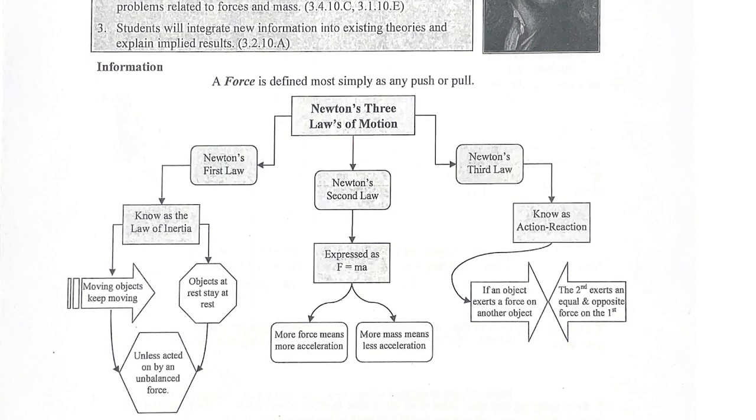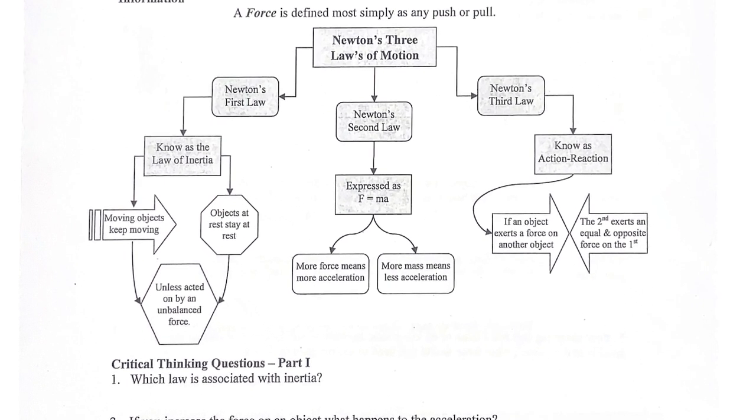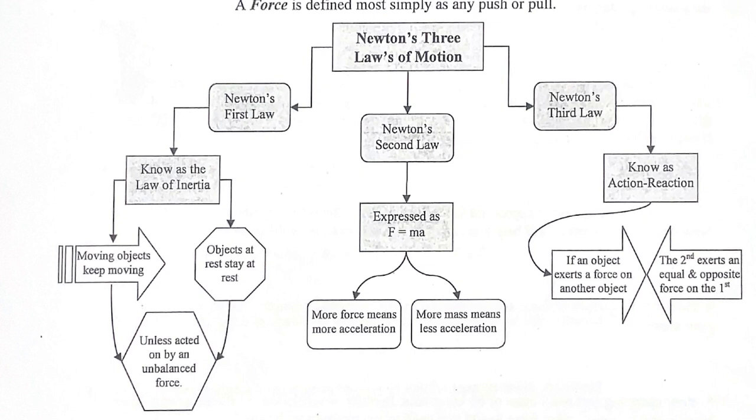So, this diagram here is a nice way of summarizing all of the information. You have the first law, right? Which is inertia, which means objects tend to keep on doing what they were doing before unless they're acted on by an unbalanced force. Then we have Newton's second law, which is more force means more acceleration, or more mass means less acceleration.